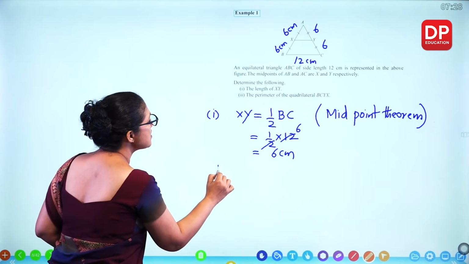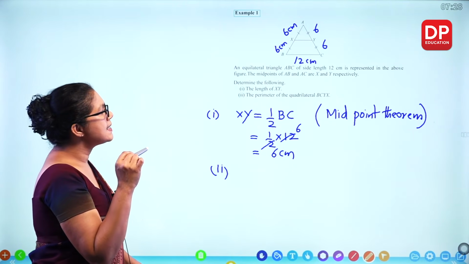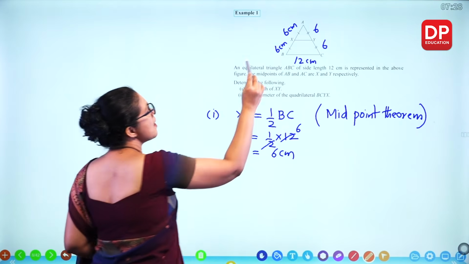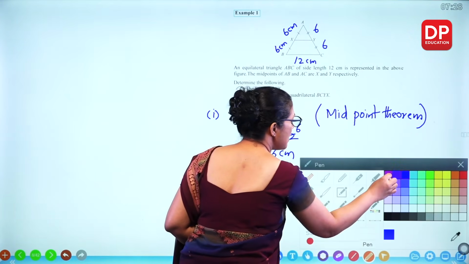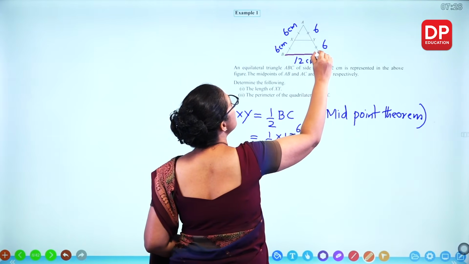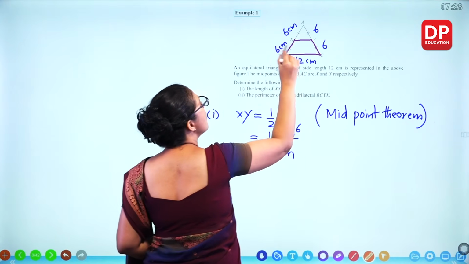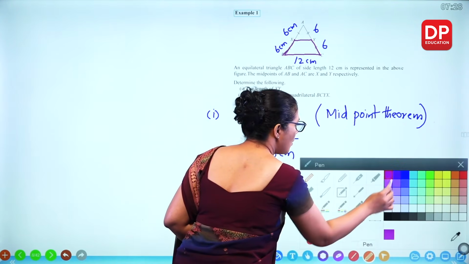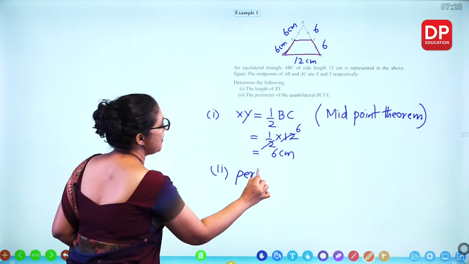Then the second part, they ask the perimeter of the quadrilateral BCYX. So how can we find out the perimeter? We need to know all these lengths. So what's the perimeter?